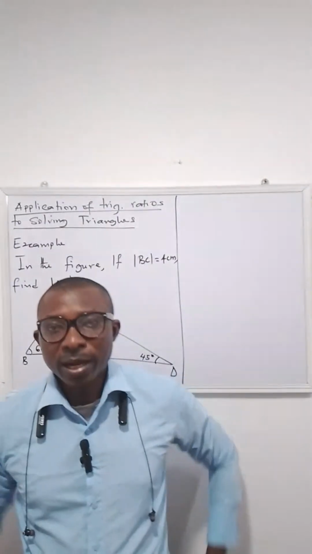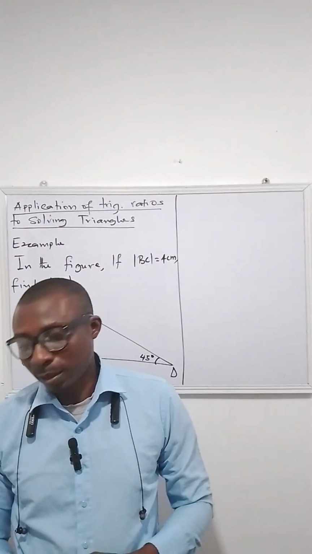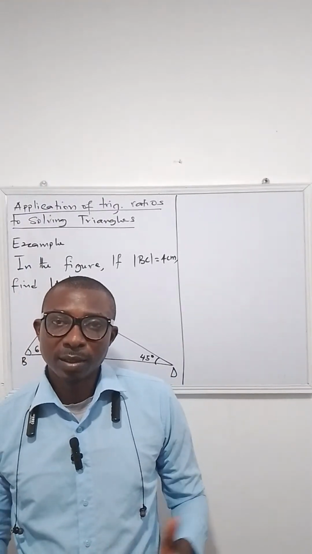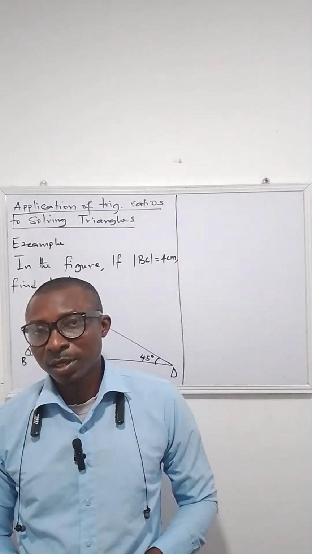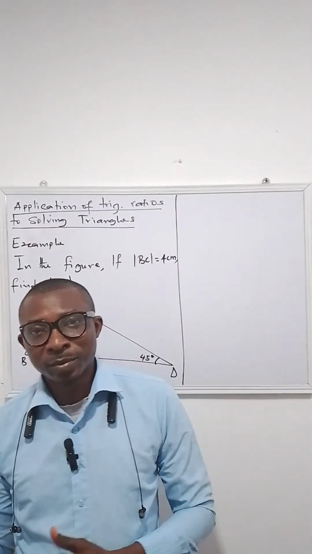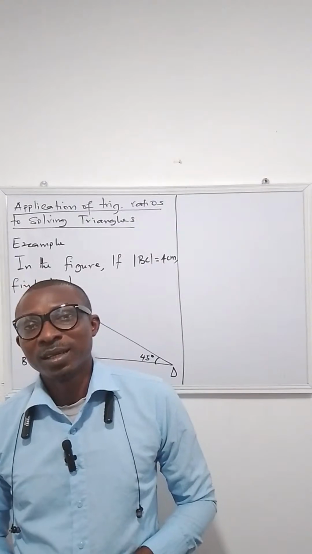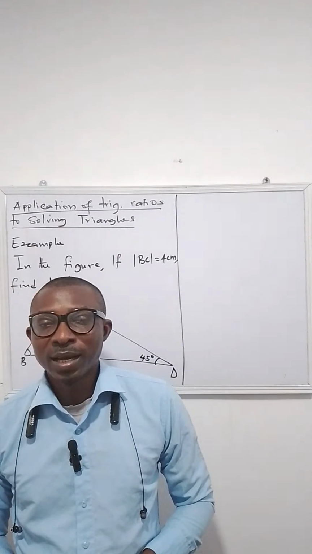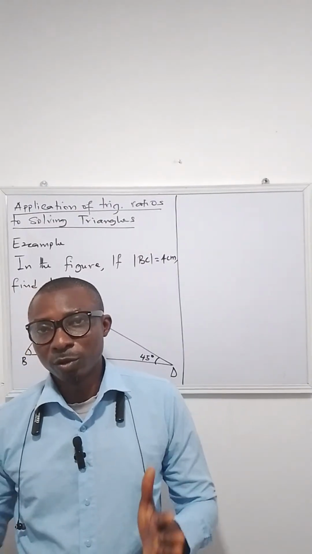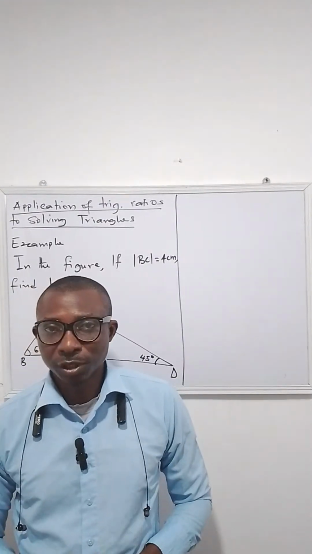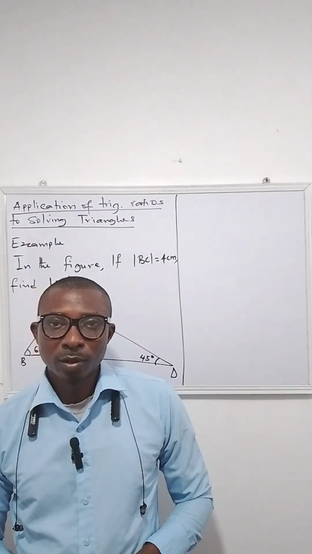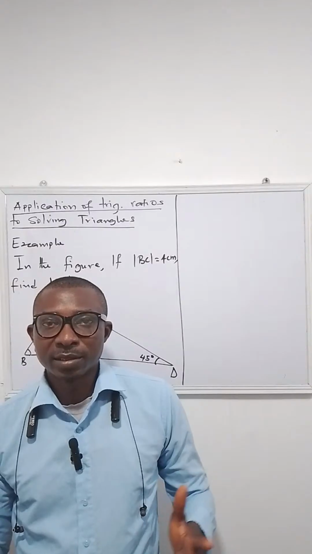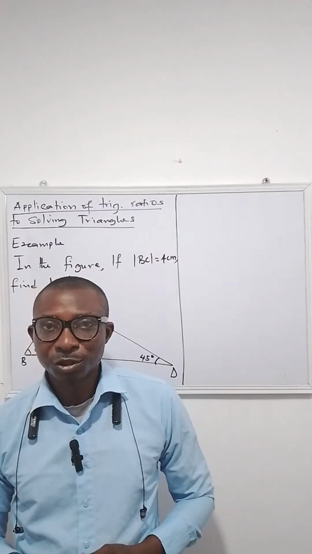Let me quickly do a recap of what we've discussed earlier. We looked at different types of triangles. We said we have the right angle triangle, isosceles triangle, equilateral triangle, and scalene triangle, and we put more attention on the right angle triangle. We taught ourselves how to easily identify the sides of a right angle triangle.